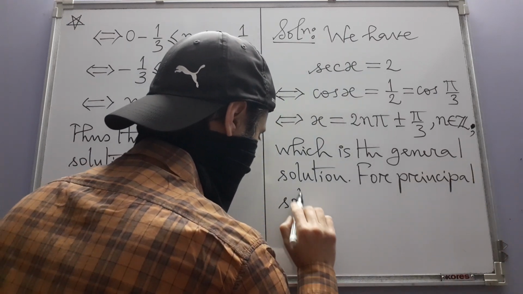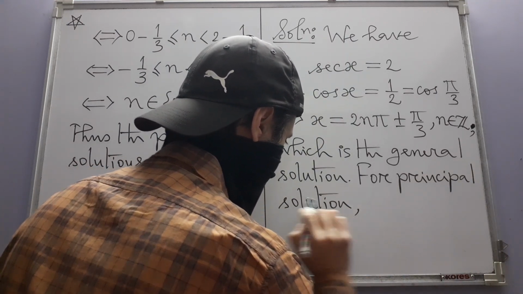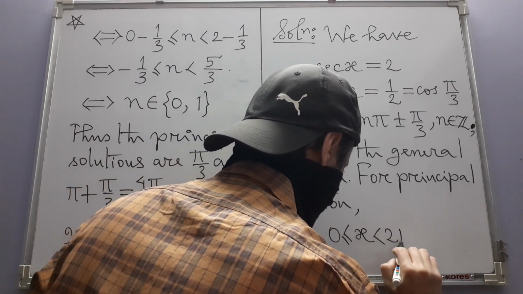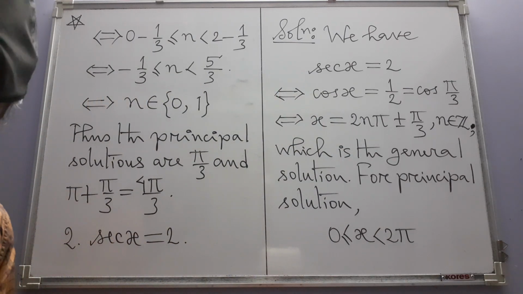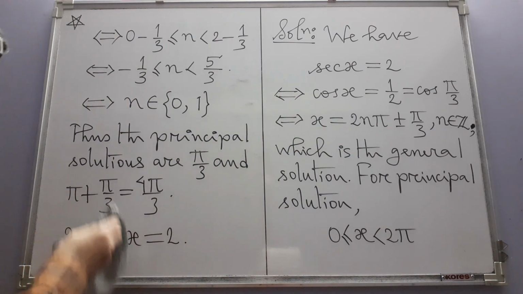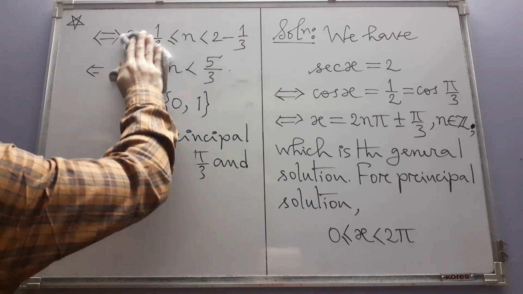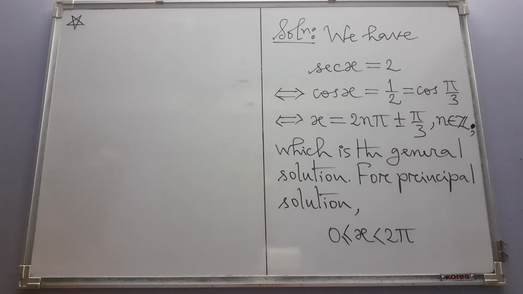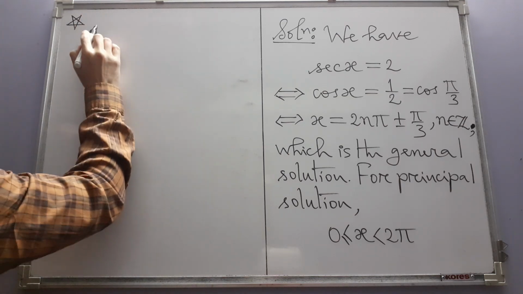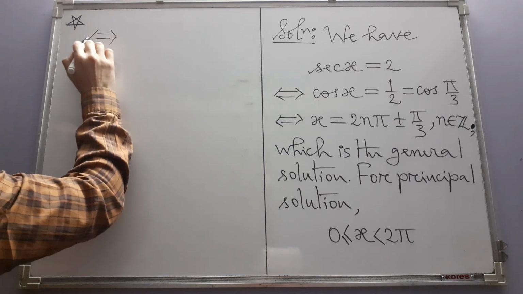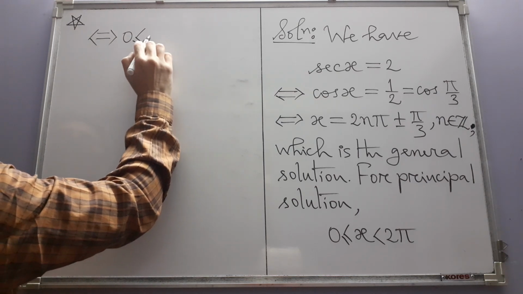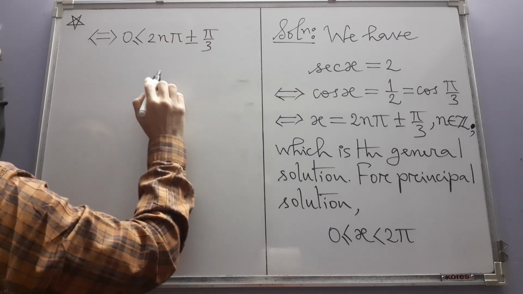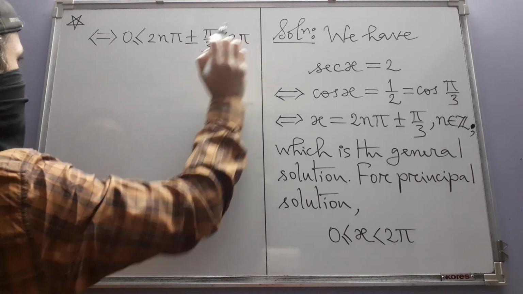For principal solution, again same inequalities. 2n pi plus or minus pi over 3 less than 2 pi.